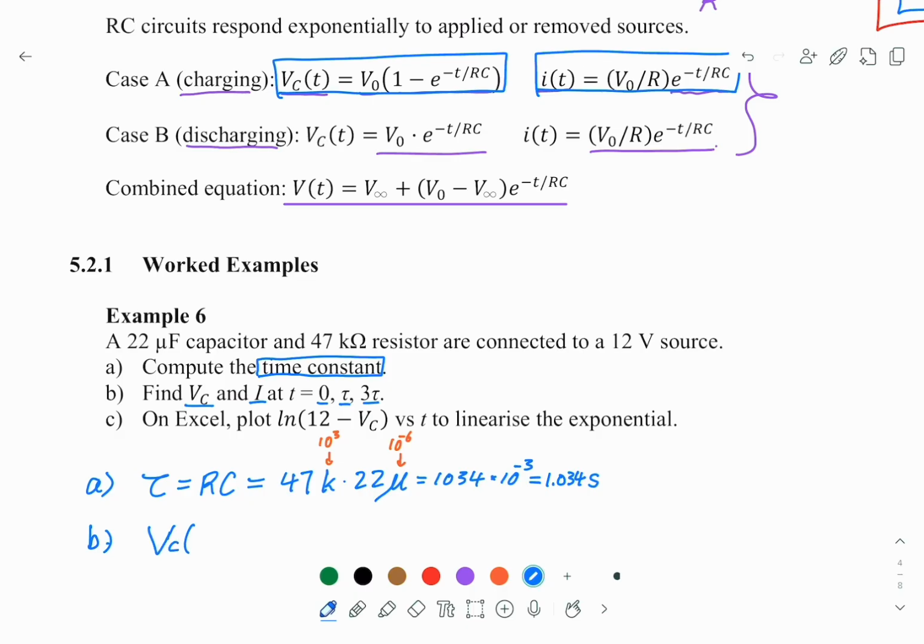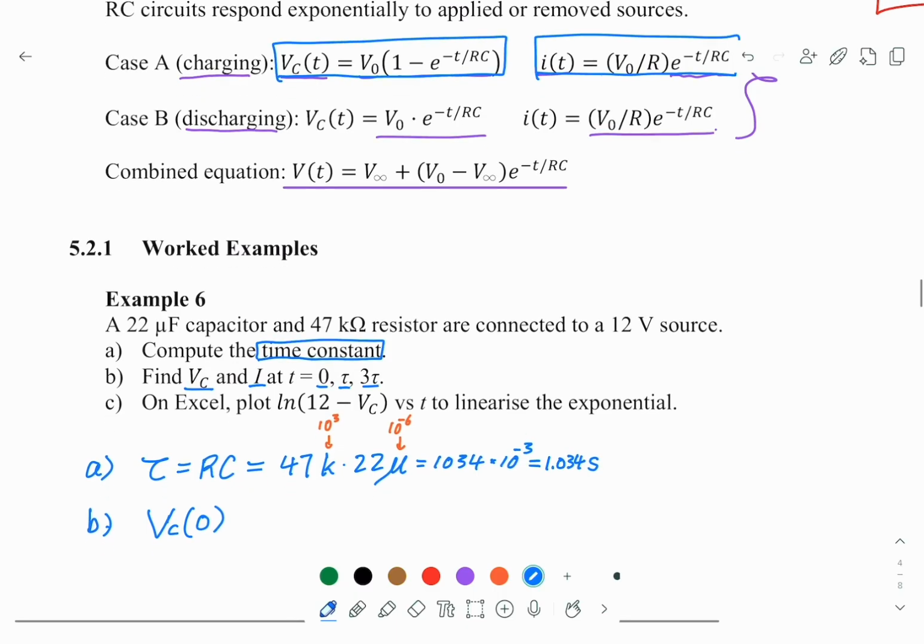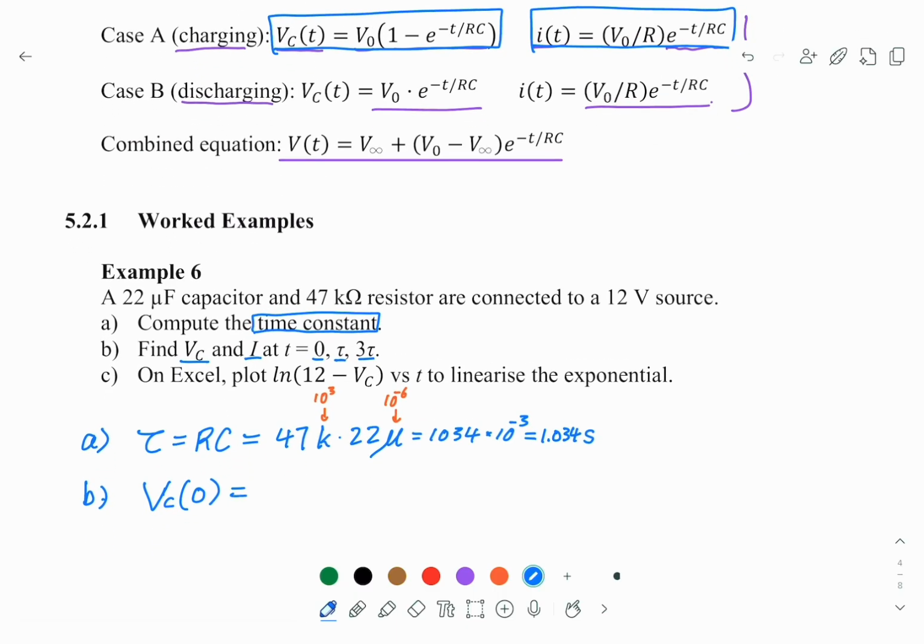When t equals 0, we know VC must be equal to 0, but let's do it: 1 minus e to the minus 0 over RC. This term is 1, so 1 minus 1 is 0.